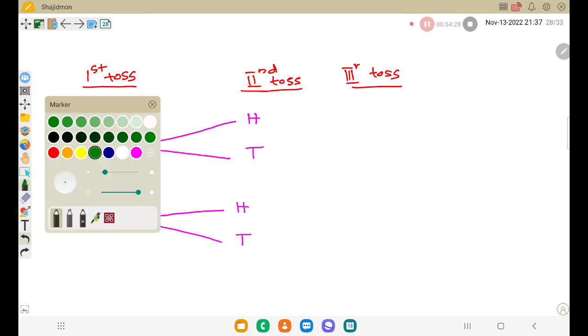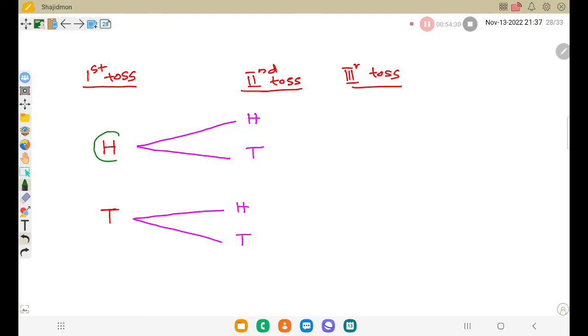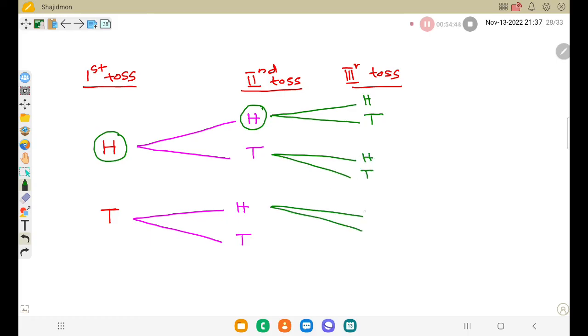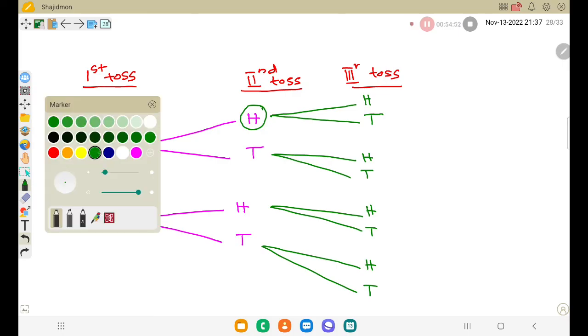Now the first toss we got a head, the second toss head, for the third toss what are the options again? Only two possibilities, either head or tail, correct? And here also either head or tail. Here also either head or tail. Here also, the third toss, either head or tail. So what outcomes are we writing?